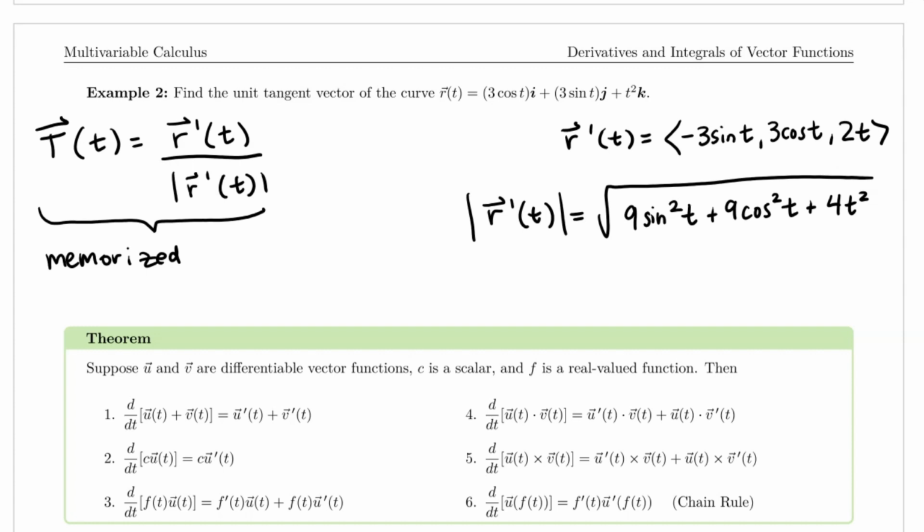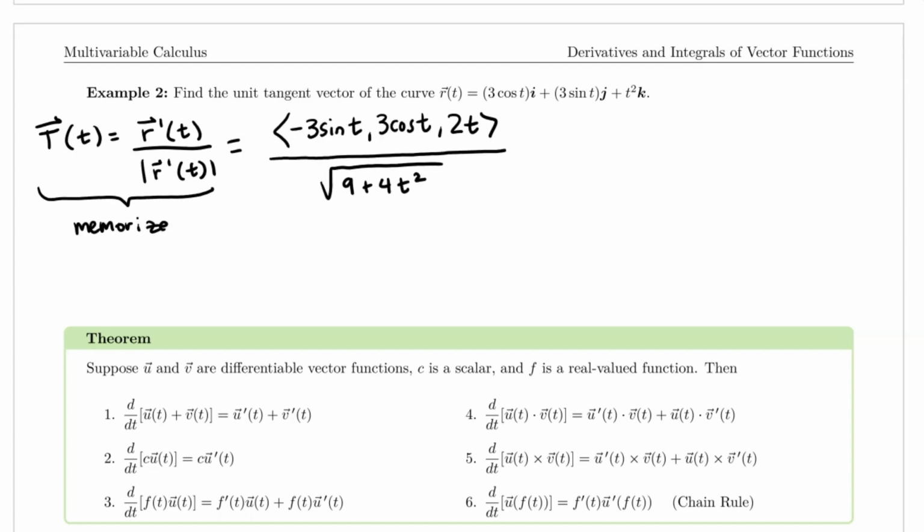Okay, and notice again that if we factor out a 9 from the first two terms, we get the Pythagorean identity. So that's going to give us 9 plus 4t squared underneath the square root. So let's put this all together. All right, so I've gone ahead and I've written it where I have the derivative vector in the numerator and then the magnitude in the denominator.